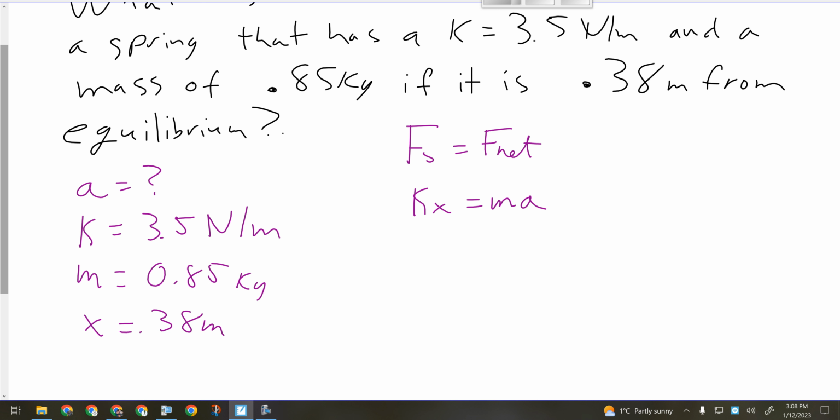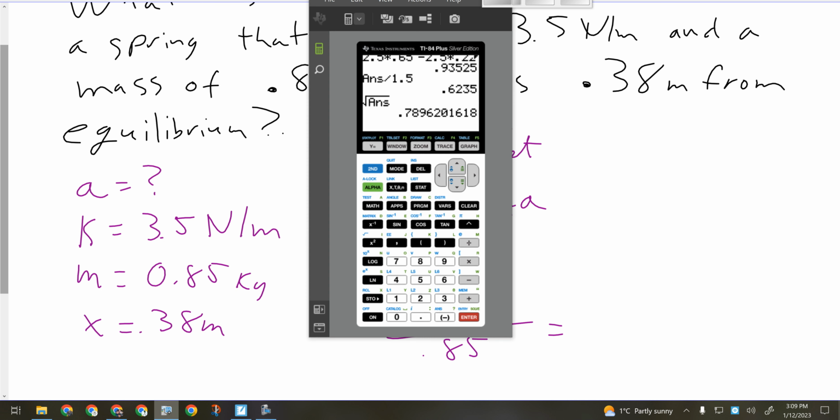So, I'm looking for acceleration. I'm just going to divide both sides by mass, and then I'm going to put in my numbers. So 3.5 times 0.38 divided by 0.85. All right, so my acceleration would be 1.6 meters per second squared towards equilibrium.